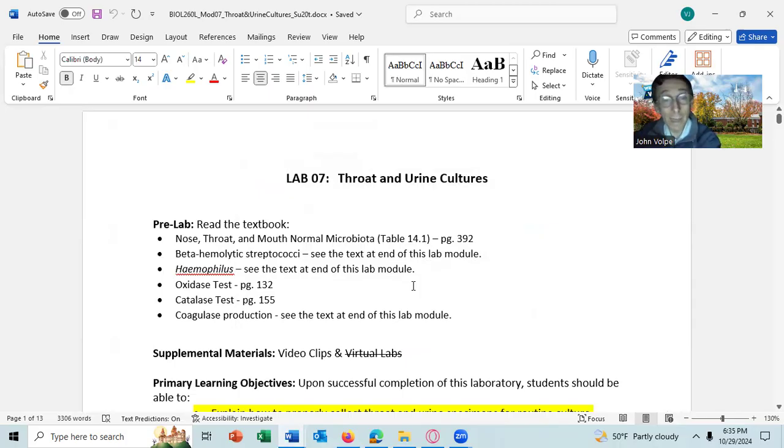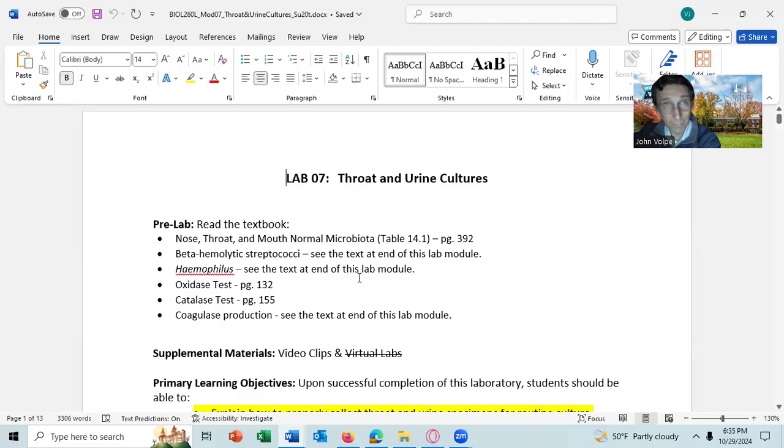All right, Lab 7, throat and urine cultures. There's some reading, as is normal for a lab, not too much. A page talking about the nose, throat, and the mouth and normal microbiota. There's some information about beta hemolytic streptococci, which is actually at the end of this lab module, and some information about Haemophilus.